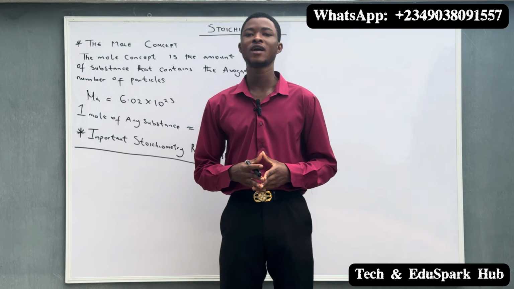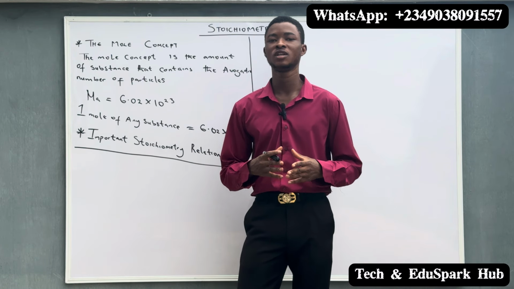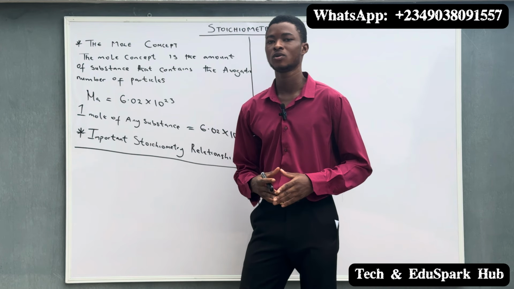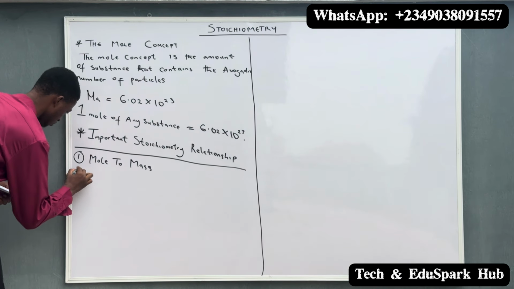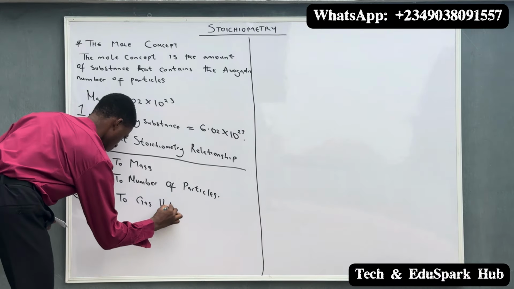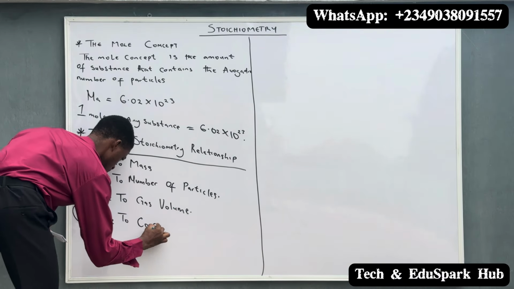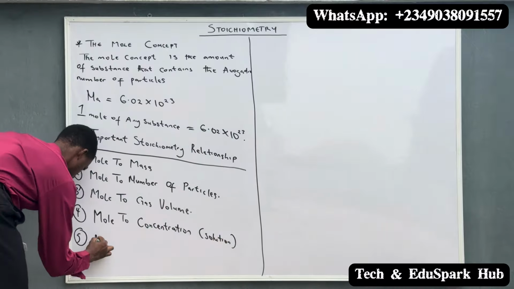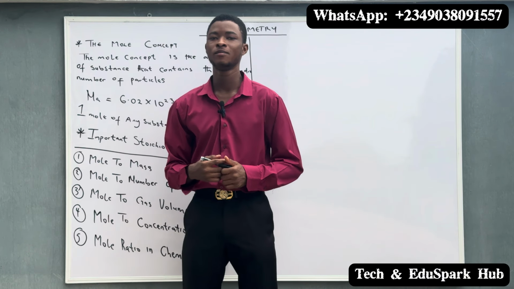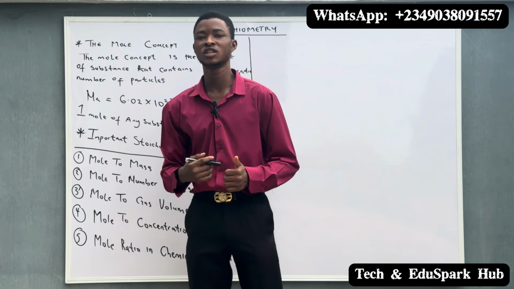And we have 5 major important stoichiometry relationships. So let me just list that down and you can write that down as well. So these are the most important stoichiometry relationships.